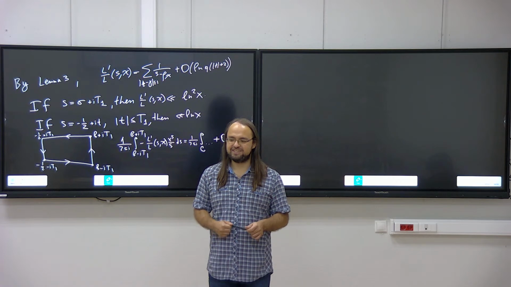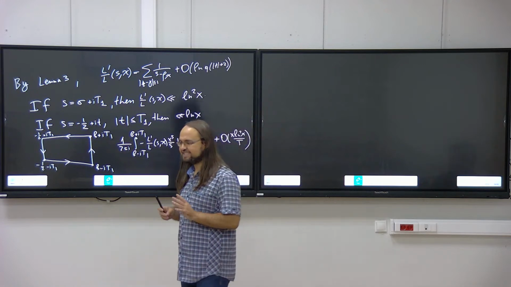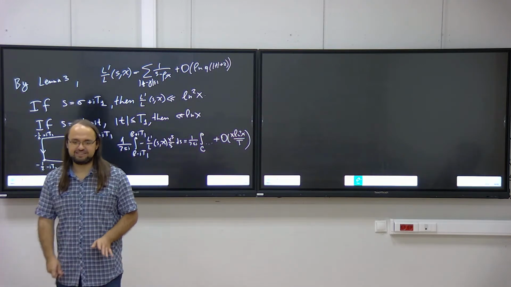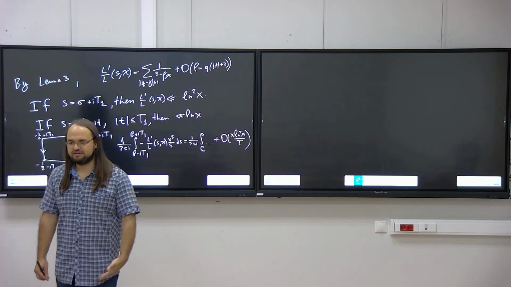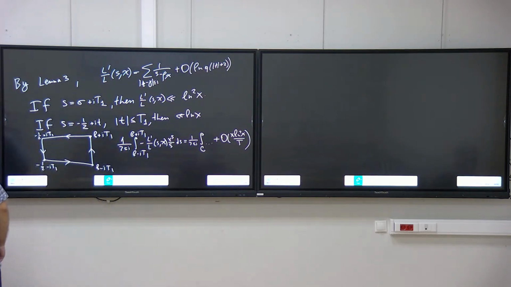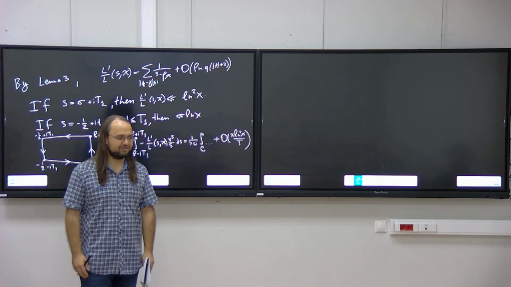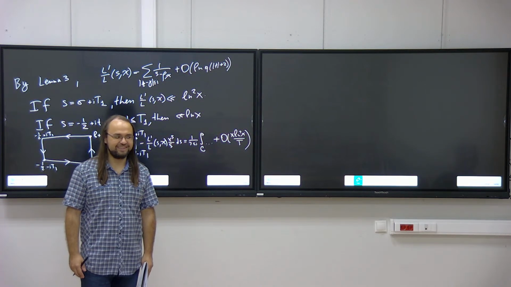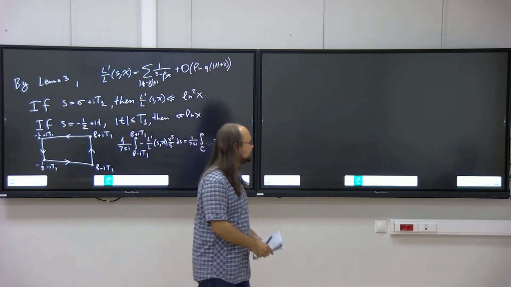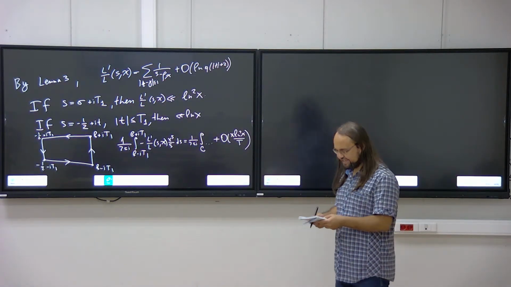And if your zero is real, then you also can do something. But this will be on the next lecture because it is much more difficult. The real zeros of real characters are actually the source of all the difficulty here. This is why this is a theorem of Siegel and Walfisz and not a theorem of, like, Hadamard and de la Vallée Poussin. This required like 40 more years to figure out.